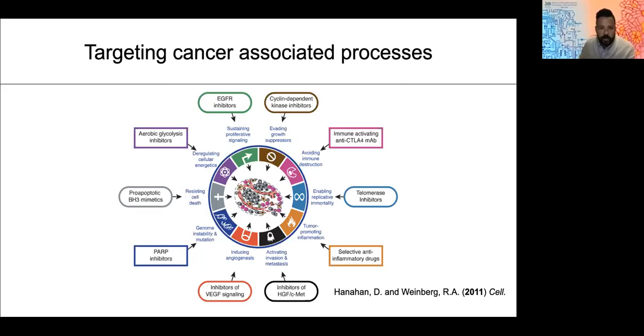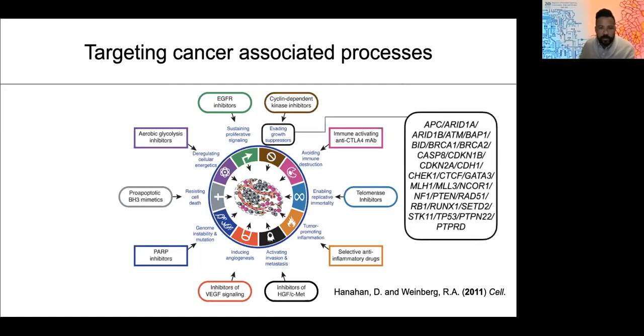If we focus on one of these groups, the tumor suppressors, there's a large number of different tumor suppressors that might be mutated in a given cancer. Now, you can imagine that different tumors might respond differently depending on which particular gene is mutated.